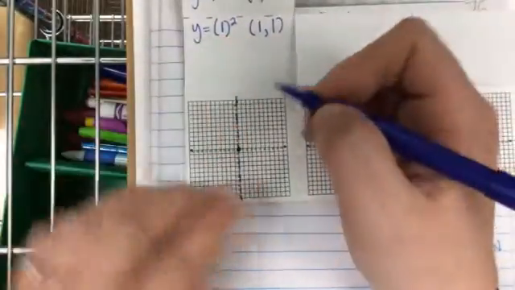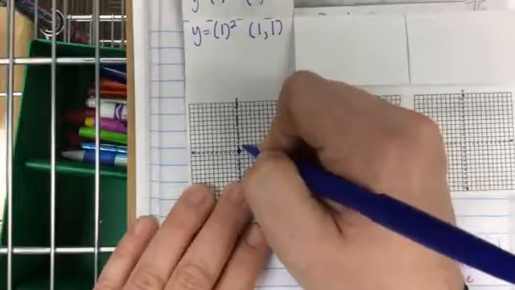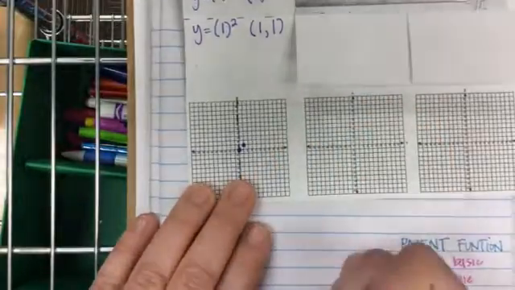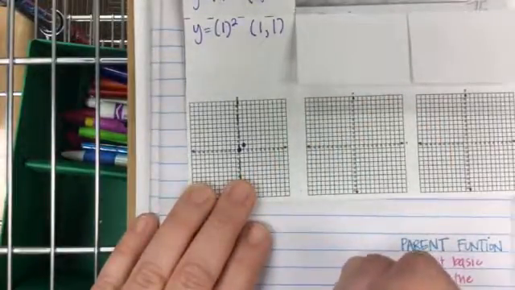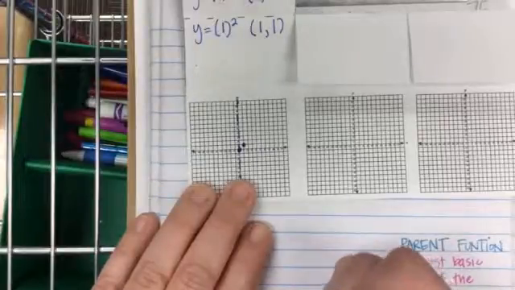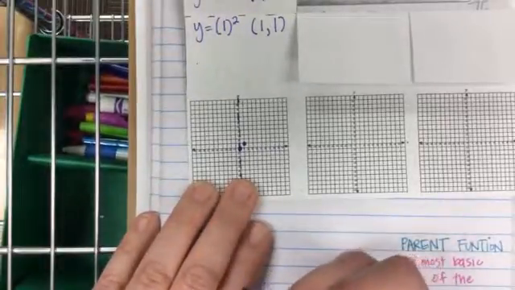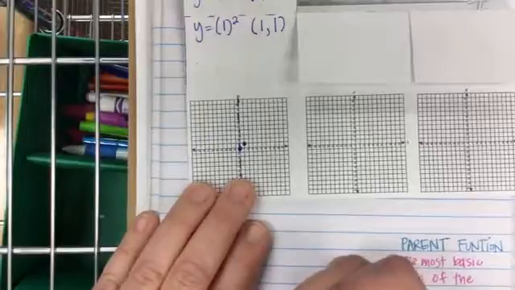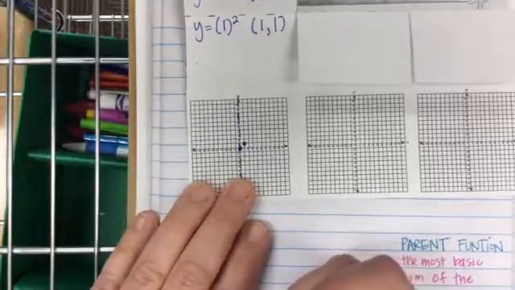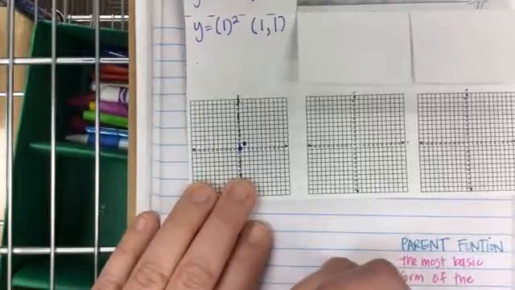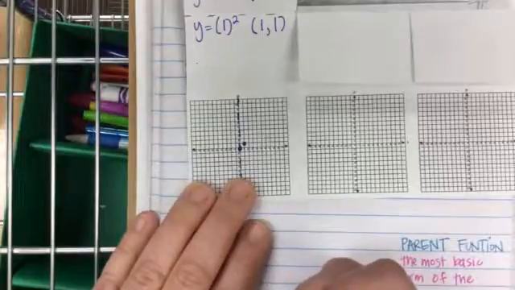All right, so I'm going to plot that. I'm going to go over 1, up 1. I need at least 3 to graph. Do I have 3? I only have 2, so I have to repeat that step again. I have to pick another value.